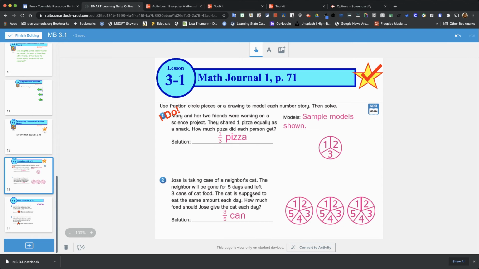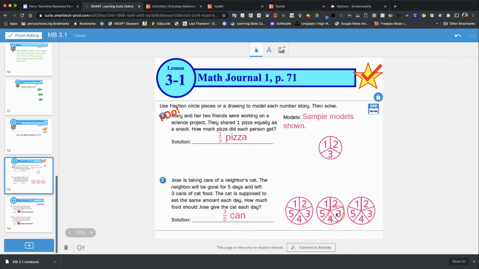All right, so number 2, you can see that the cat each day should get 3/5 of a can. So the picture here we have are the 3 cans of food, 1, 2, 3. And then you can see within each can, we split it into 5 days, okay? So day 1, 2, 3, 4, 5.